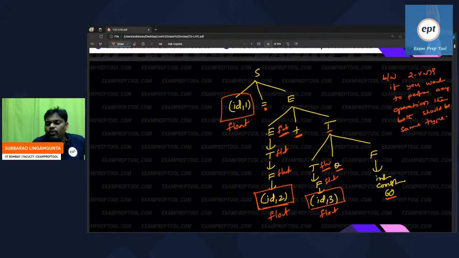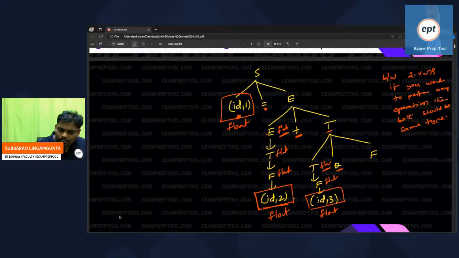Can anyone help? Type conversion is done. Listen, is the left side float or not? The left side is expecting float, so this should also be converted into float. So this 60 will be converted into float. See, everyone, how to convert. I'm explaining. Can everyone observe? This is 60.